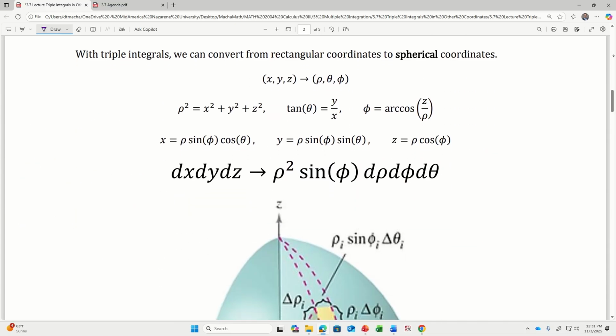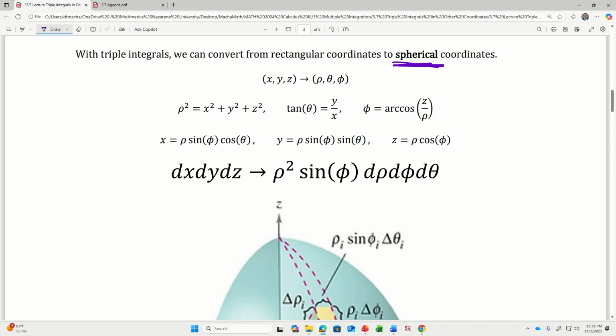Another thing that's new is spherical coordinates. You remember this from early on in the semester. In spherical coordinates, we've got three coordinates, rho, theta, and phi. And remember that rho is the distance from the origin to the point we're talking about in space. Theta is the same theta from polar coordinates.